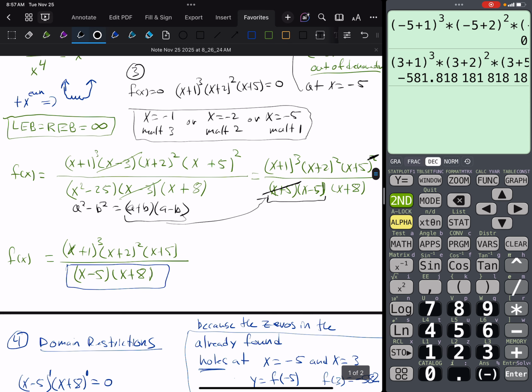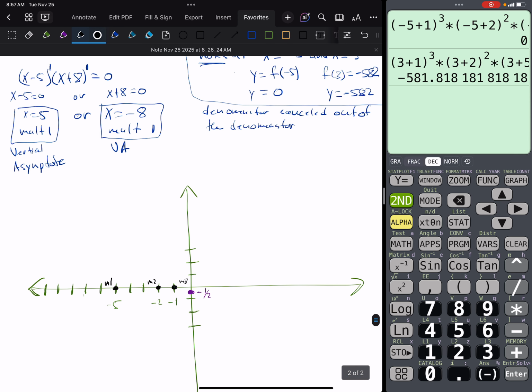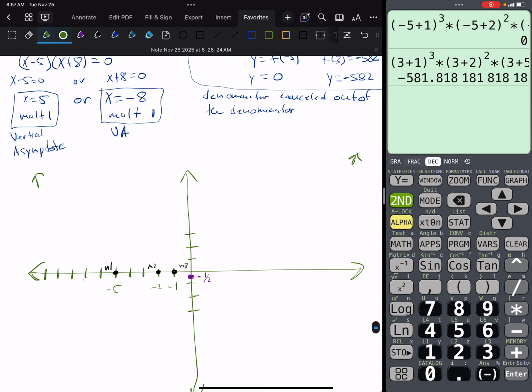My end behavior, left and right end behavior, are both infinity. And so over here on the left, I like to put an up arrow in. Over here on the right, I like to put an up arrow in, just to remind me where this graph needs to end up. And then I need to dot in those vertical asymptotes I was trying to do earlier.